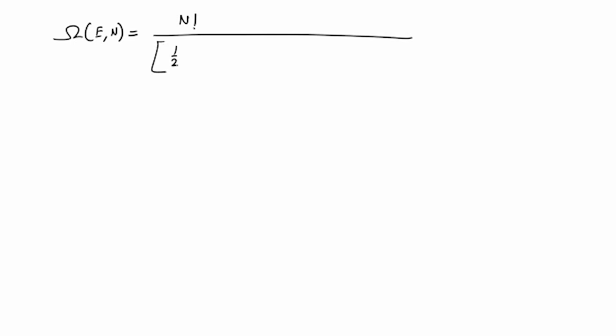And so, writing the number of microstates in terms of E and N, we get this as N factorial divided by half of N minus E over mu 0 H factorial and half of N plus E over mu 0 H factorial.